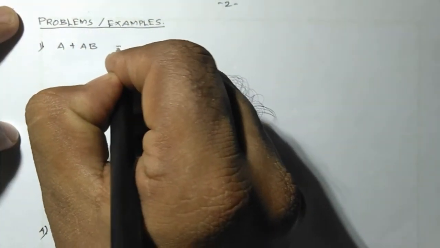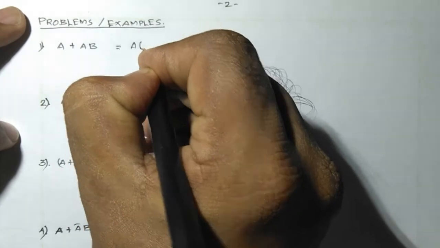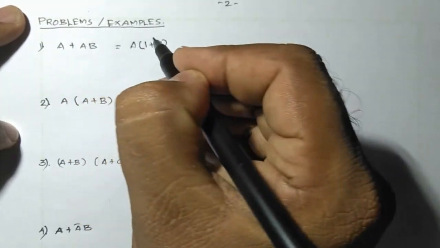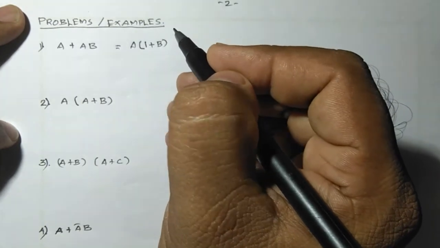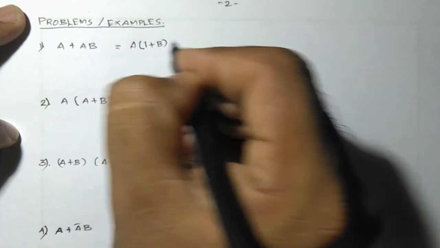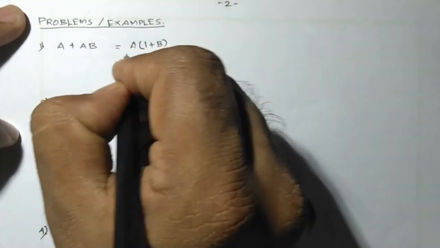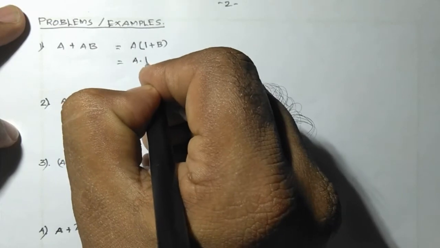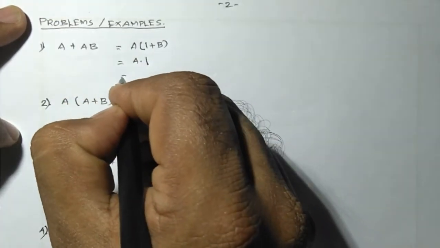So we may write it as A and (1 or B). But 1 or B is 1. So we may write it as A and 1.